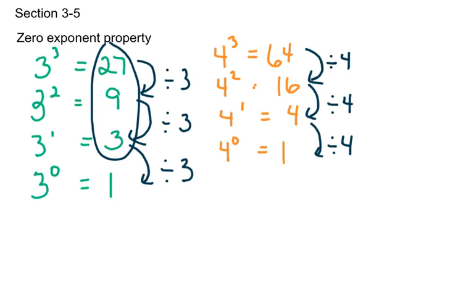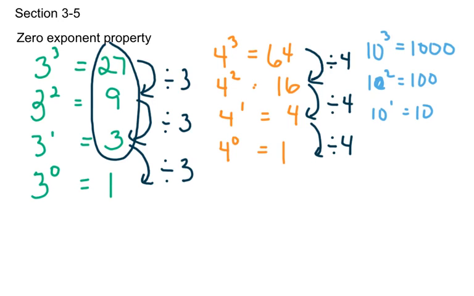We're going to do one more, and we're going to have a base of 10. So 10 to the third power is 1,000. 10 to the second power is 100. 10 to the first power is 10.